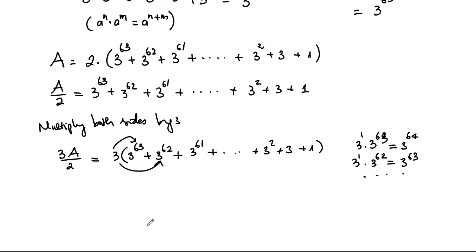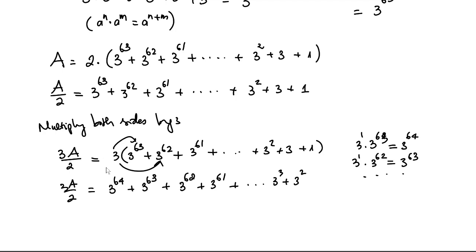So now here we would have 3A over 2 is equal to 3^64 + 3^63 + 3^62 + 3^61 + ... + 3 cubed + 3 squared + 3.